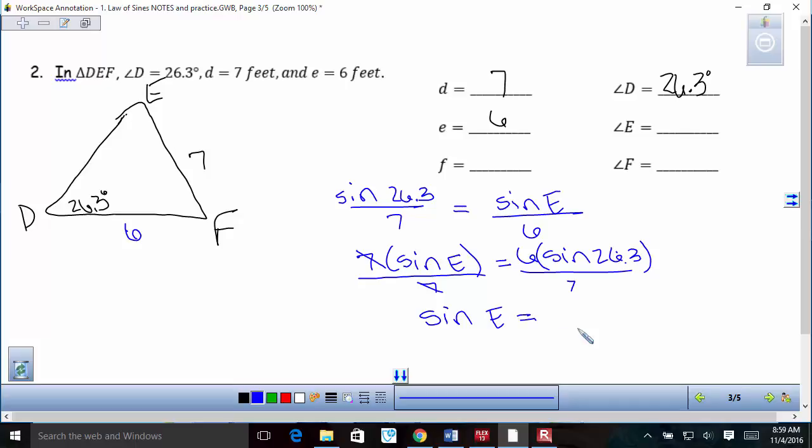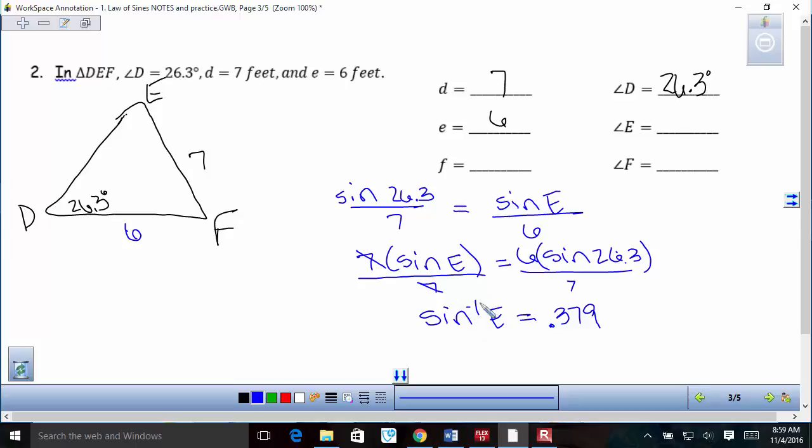See if you get a decimal. 0.379. Does that seem odd that angle E would be 0.379? That's not right, is it? Here's why. You haven't done your -1 button. Anytime you don't know your angle, you have to use the inverse every time.